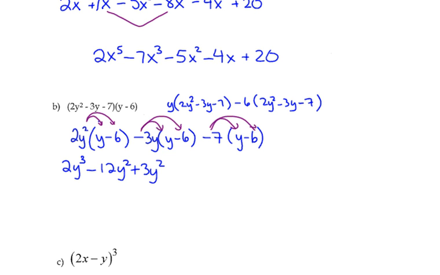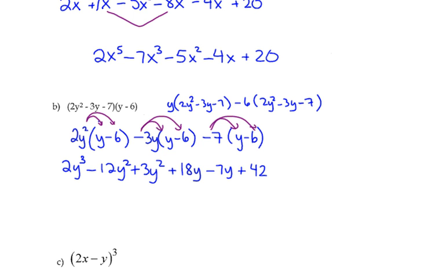The only difference here is the order of your terms, depending on the method you use. Negative 3y times negative 6, plus 18y, negative 7 times y, negative 7y, negative 7 times negative 6, plus 42.